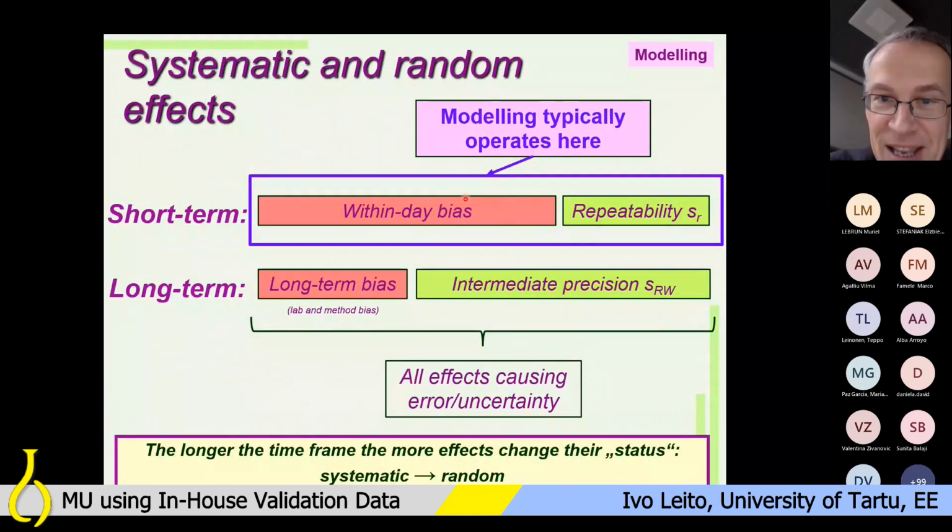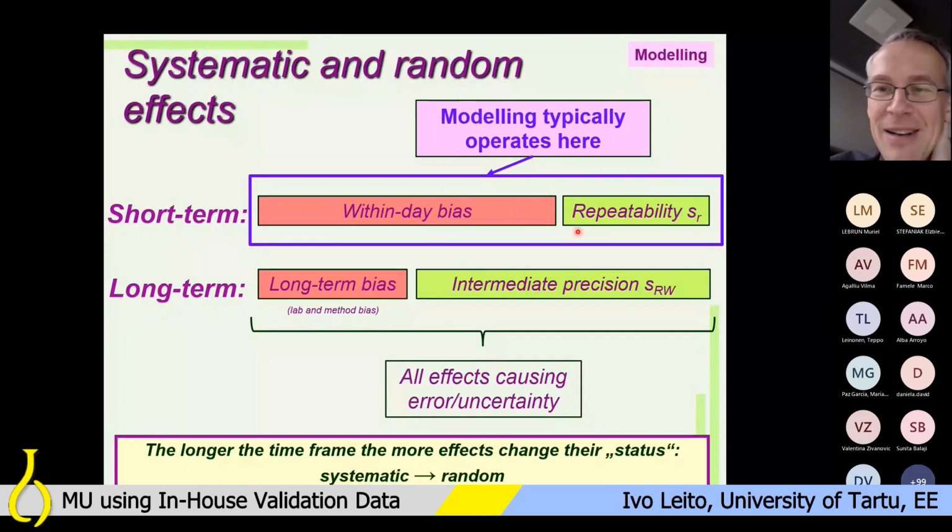meaning all these things that cause bias need to be evaluated in some way. And this is not always very easy. You cannot get these components from just repeating your measurement. So repeatability oftentimes is not enough. Like it was with the titrant concentration example, however many times you do the titration, if you use all the time the same titrant with concentration slightly different from what you think it is, then all your results will be biased.